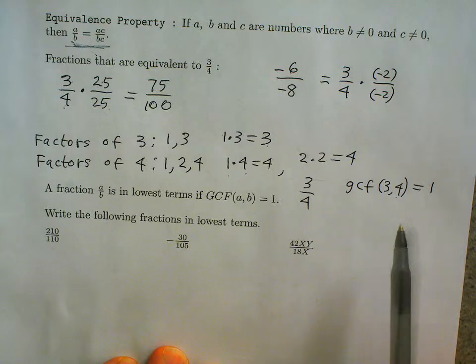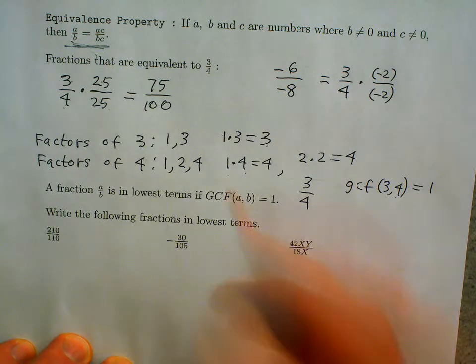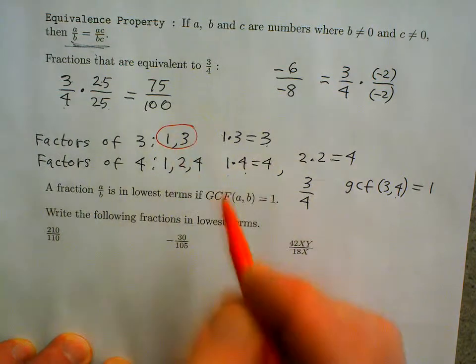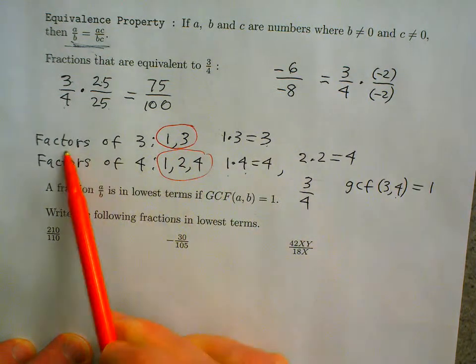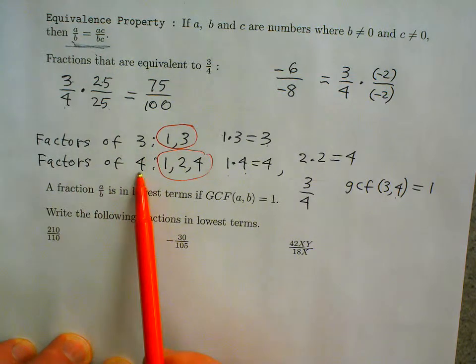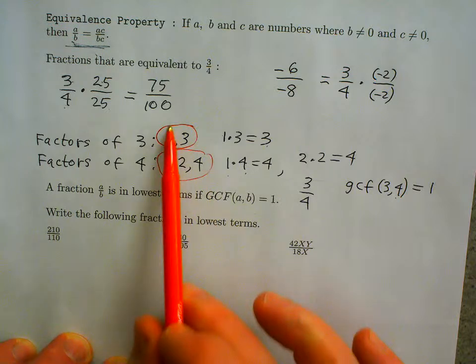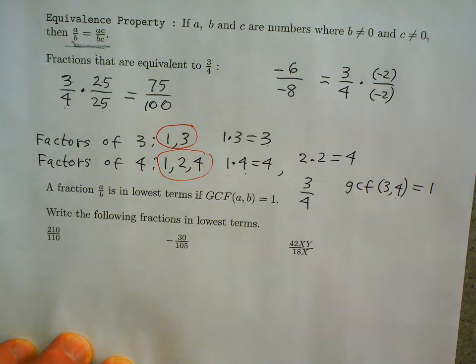Okay, so when we compare the positive integer factors of 3 with the positive integer factors of 4, there's only one factor that is common to both, and that is 1.